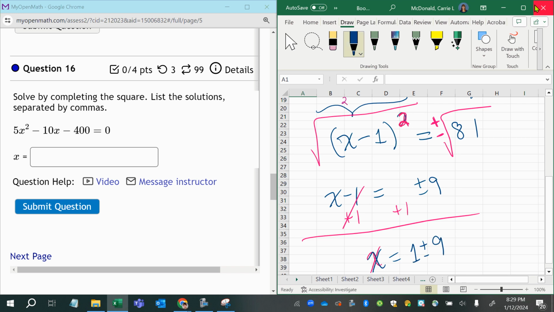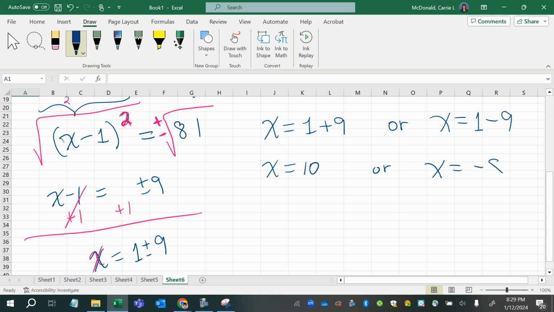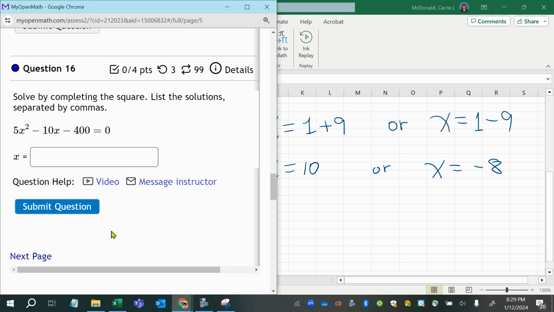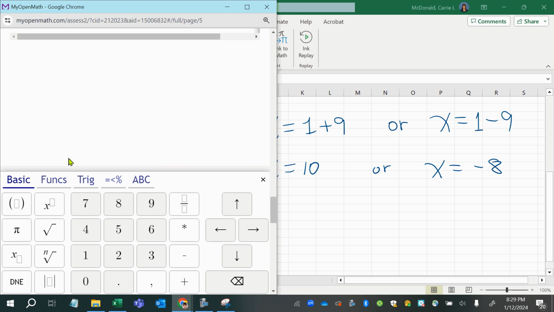Okay, so what do you do with that? You separate it into 2. x can equal 1 plus 9, or x can equal 1 minus 9, and both of those would make the equation true. So I have x equals 10, or x equals negative 8. 10 and negative 8, or negative 8 and 10.